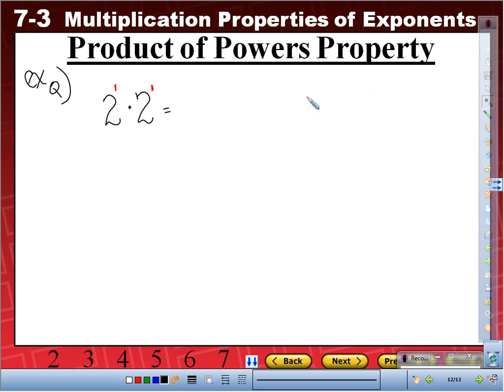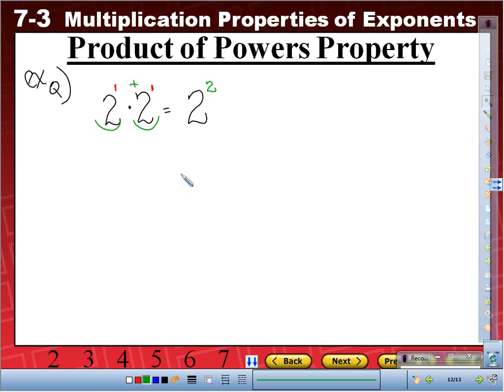The product of powers property says this. If this and this have the same base, if 2 numbers have the same base, therefore, we add the exponents. What is 1 plus 1? 2.